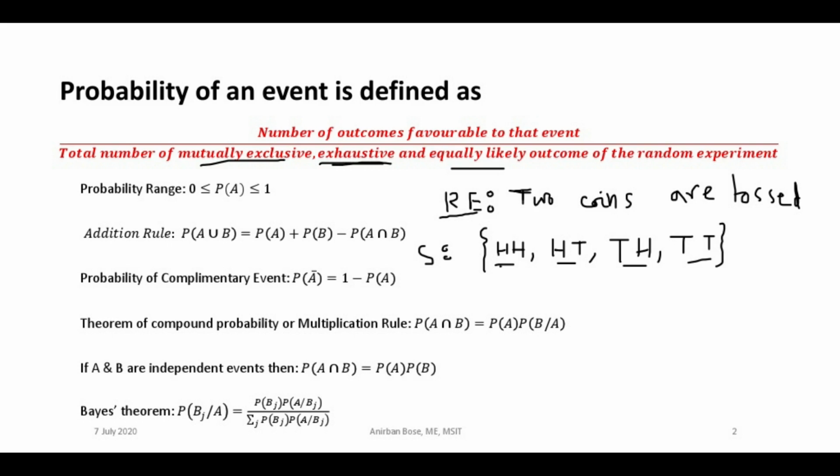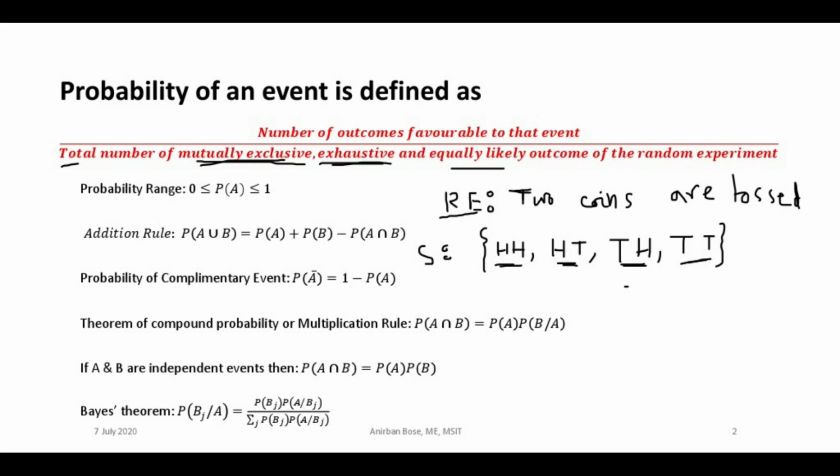These individual outcomes are equally likely, so each outcome has the same chance of occurrence. And they are mutually exclusive. Mutually exclusive means between two outcomes there is nothing common.